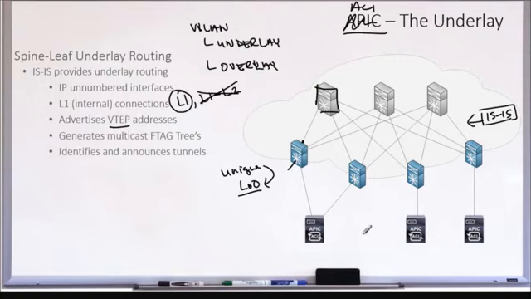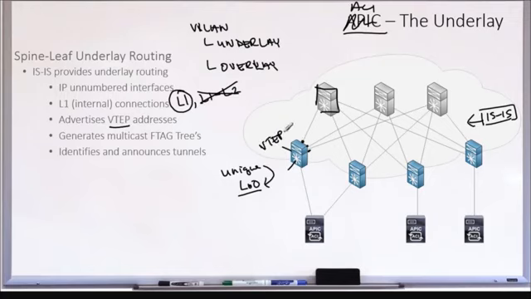So this loopback 0 is going to be used because all of these other physical interfaces are just going to say IP unnumbered loopback 0. We're going to form adjacencies using those IP unnumbered connections, and again, that is how ACI advertises these VTEP, or VXLAN tunnel endpoint, addresses between all of these different nodes.